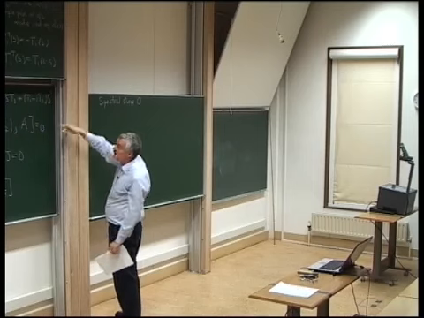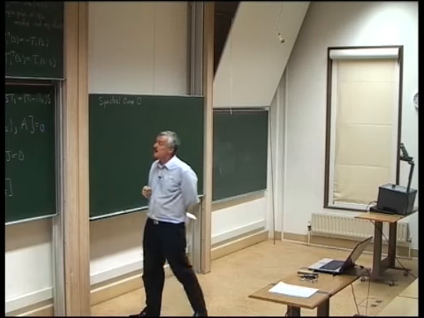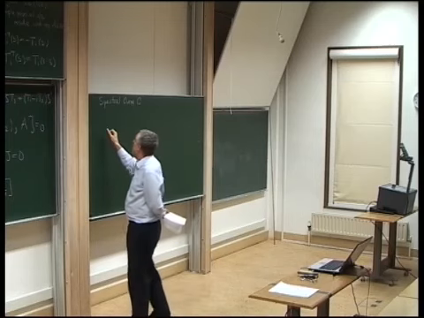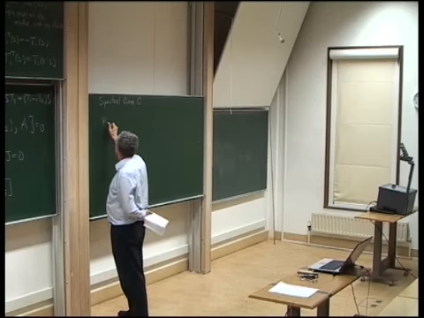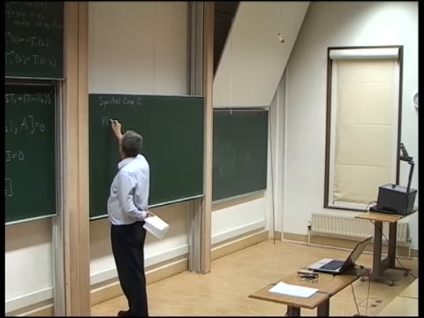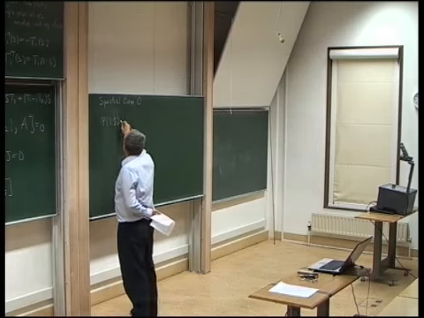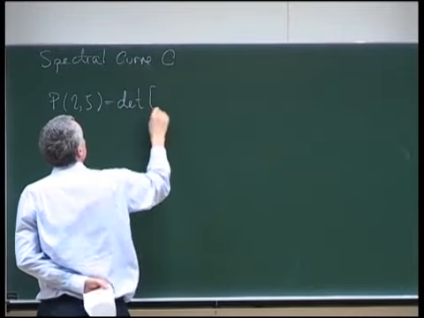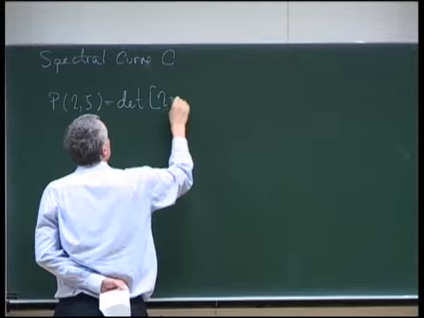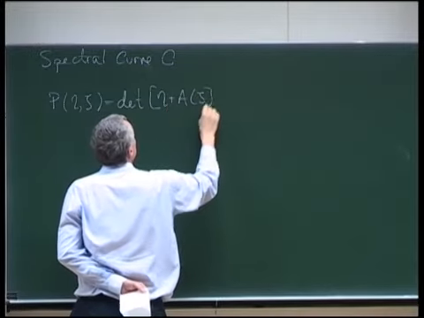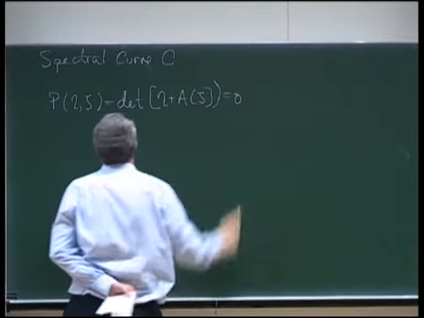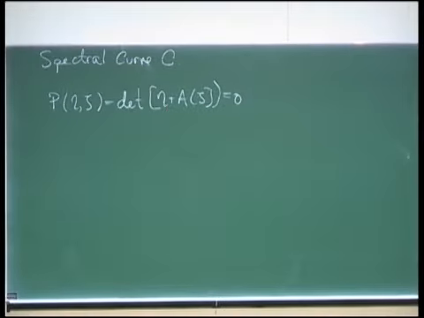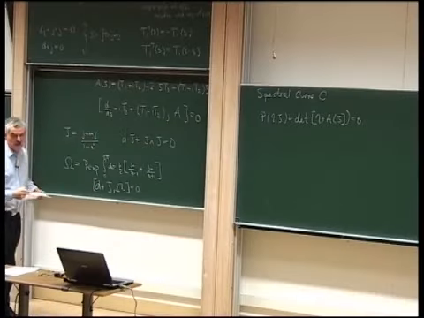So in this equation here, it's quite straightforward. We're just going to have a polynomial in eta and zeta, det(eta plus A(zeta)) equaling 0.